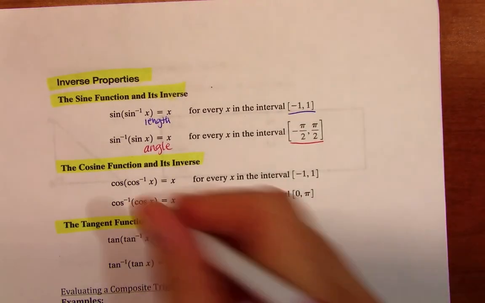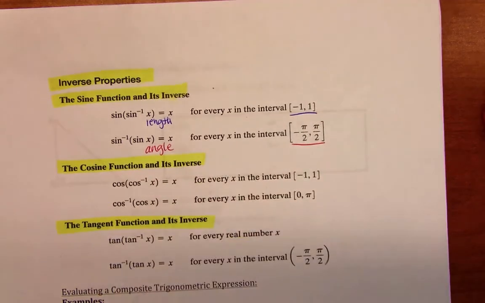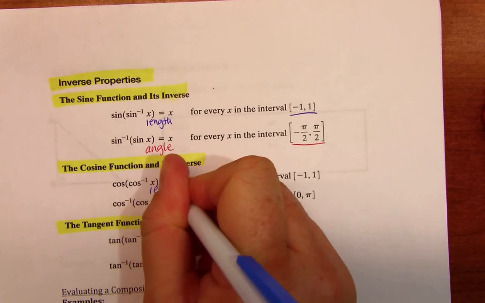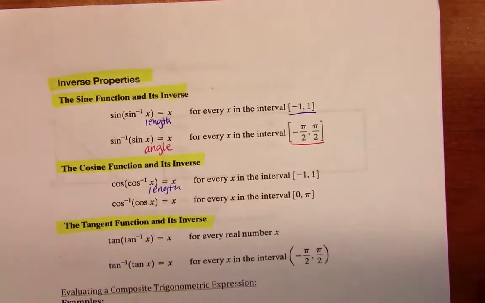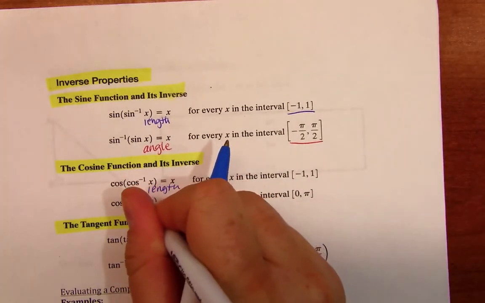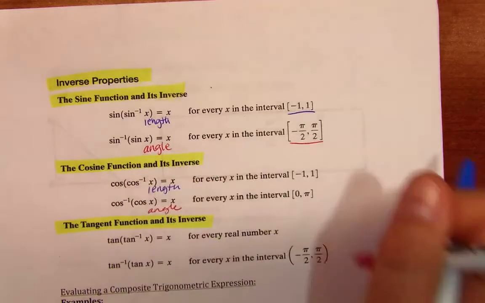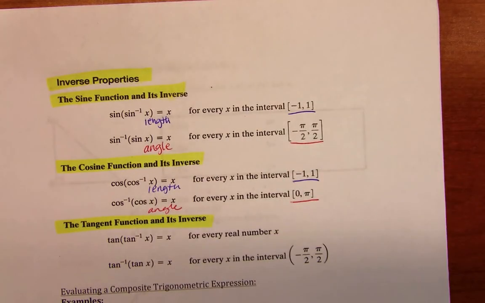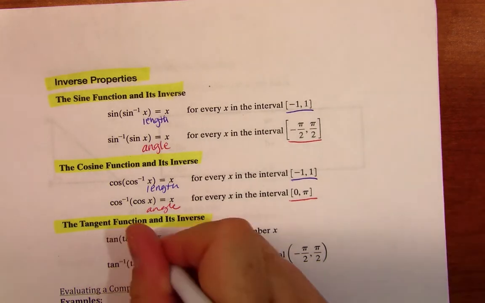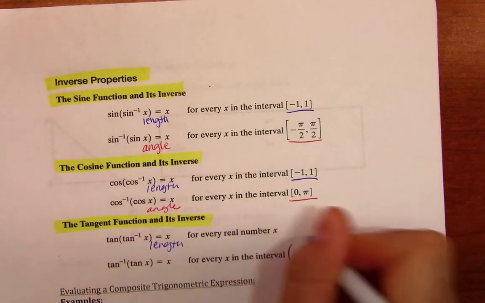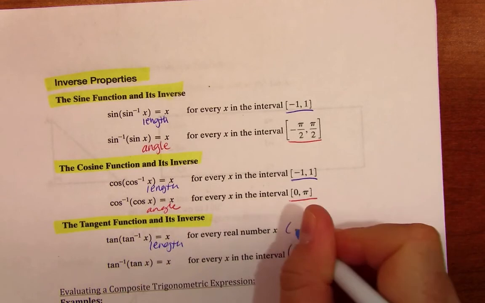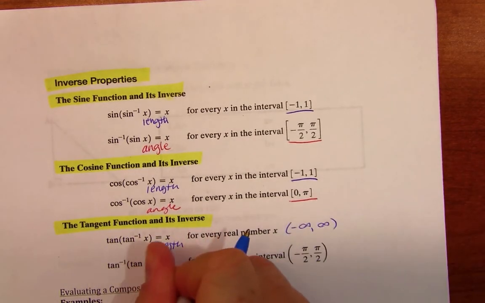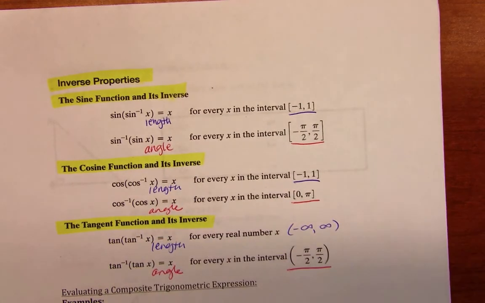And the same thing is true for cosine. So if we have cosine on the outside, inverse cosine on the inside, we're going to get a length. And then if we do the opposite, we're going to get an angle. And these are the ranges that those values will be in. And then for tangent, same thing. And an angle on its domain.